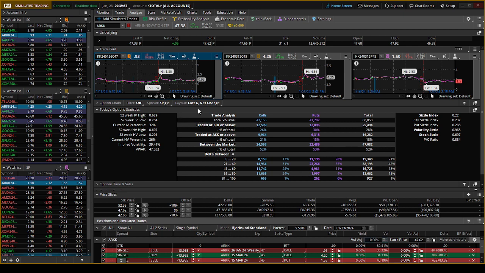So basically near the top, I put in the ARKK, the underlying of the YieldMax ETFs. And the one on the left and the one on the right, these are basically the short options. For example, this one is a short call. The one on the right over here is the short put, and the one in the middle is the long call.